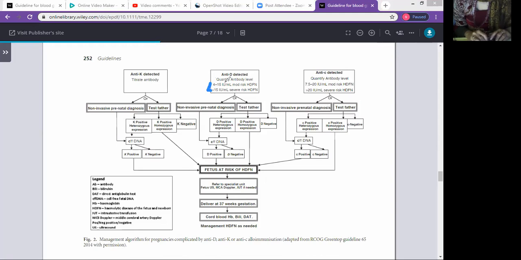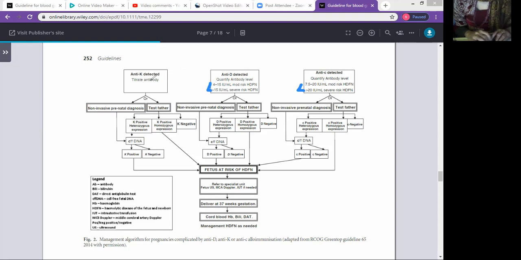If the anti-D values are less than 4, they are unlikely to cause HDFN. If between 4 and 15 international units per ml, they are moderate risk, and more than 15 have severe risk of HDFN. For anti-C, the clinically significant values are 7.5 and 20: less than 7.5 is unlikely to cause HDFN, 7.5 to 20 is moderate risk, and more than 20 is severe HDFN.